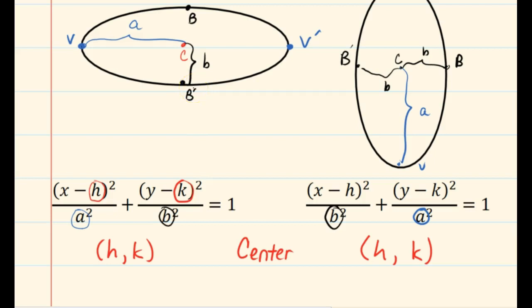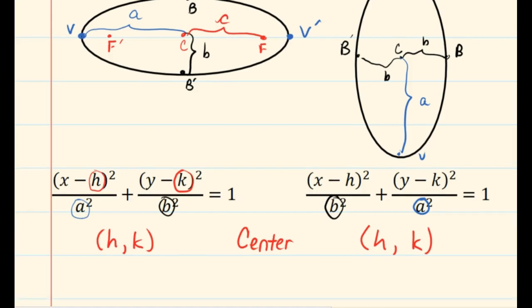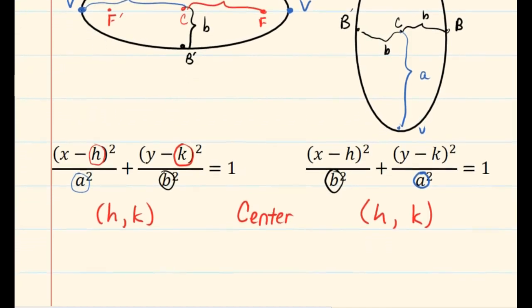All right, last but not least, where do we find our two foci? Our foci are going to be in between our vertices, Victor and Victor prime. There's a focus here and a focus here. The distance for F and F prime is little c. Notice we don't have a little c in our equation, so we're going to have to come up with a relationship.